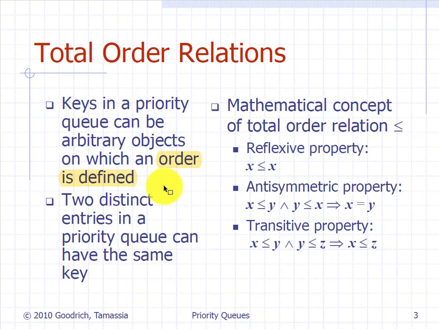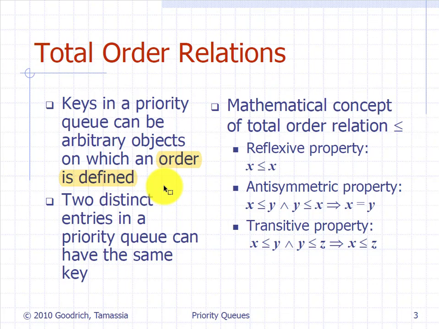So remember I said that a key could be a real number or an integer. Well, then that's easy, right? You can relate different integers based on the less than and equals sign. You can say 2 is greater than 1. 3 is less than 5. That's fantastic. There's a way of arranging our keys in the set of integers or in the set of real numbers.